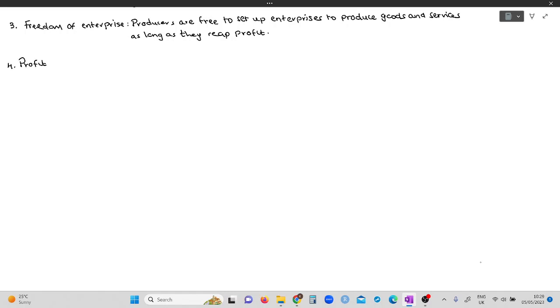Next characteristic, we have the profit motive. Donc, the objective of the private sector, of the free market, we have the profit motive. Veut dire, notre but, notre objectif, c'est de faire du profit, rien d'autre.